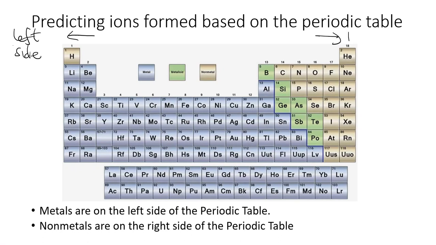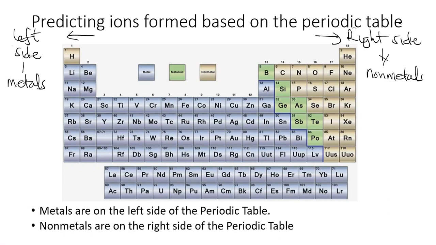This side is the right side of the periodic table. On the left side of the periodic table, we have metals. On the right side, we have non-metals.